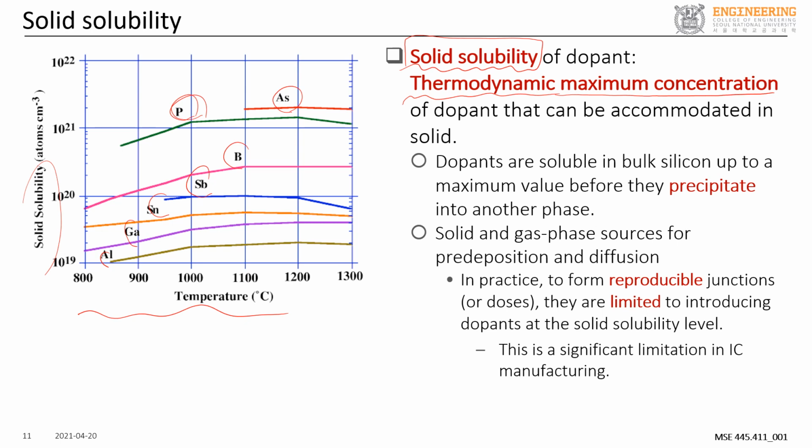Eventually, if you put in more than the solid solubility, they will precipitate, which is bad when it comes to the junction, right? We don't want the dopants to form a region where we don't have any silicon, but only dopants.